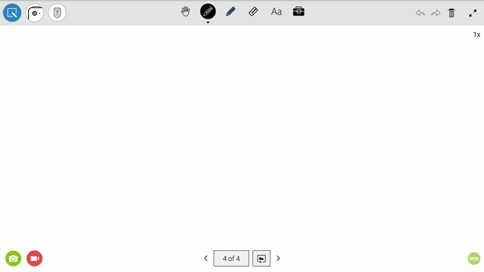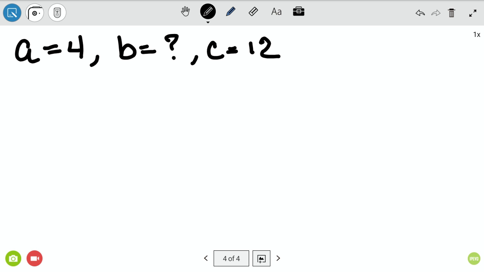All right, let's do another example here, but this time we're going to be missing something different. So this time we've got A equals 4, B equals we don't know, and C equals 12. We still start with A squared plus B squared equals C squared.